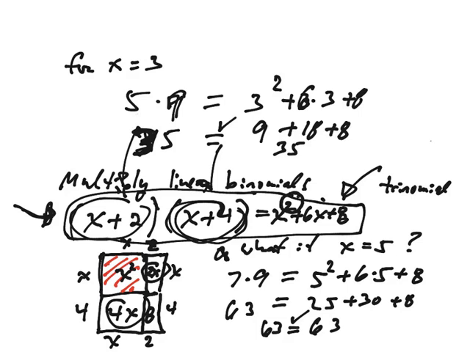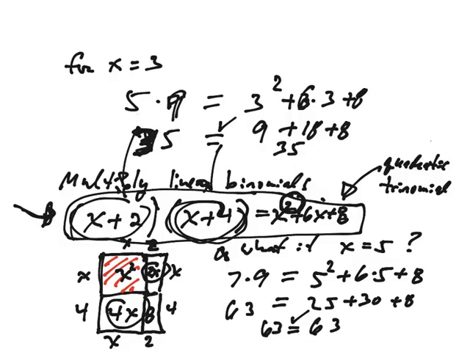And because the biggest exponent there is 2, we call it a quadratic. Quadratic trinomial. Now going back to this question, x plus 2 times x plus 4.